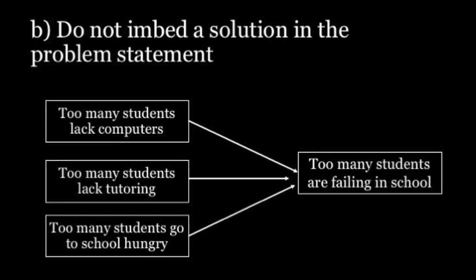Now that we've done this, we may find other causes for it, like maybe too many students lacking tutoring, too many students lacking after school programs, too many students going to school hungry, for that matter, or a combination of all of them may be causing them to be failing in schools. Right? Now that we've opened the problem, we can analyze it in a more thorough way.